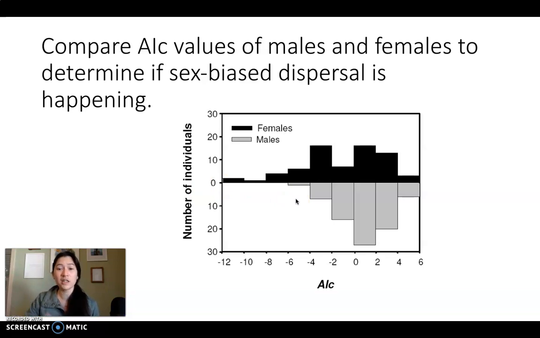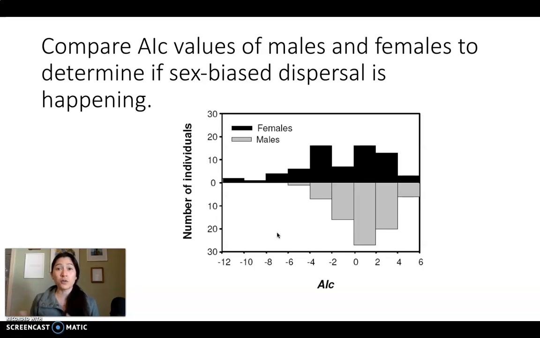It's an immigrant. And so here in this example, we see females in the darker bar, the black bar, they have more negative AIC values. So in this case, we would conclude that females are the ones that are moving in between populations, and we would conclude female bias dispersal in this case.